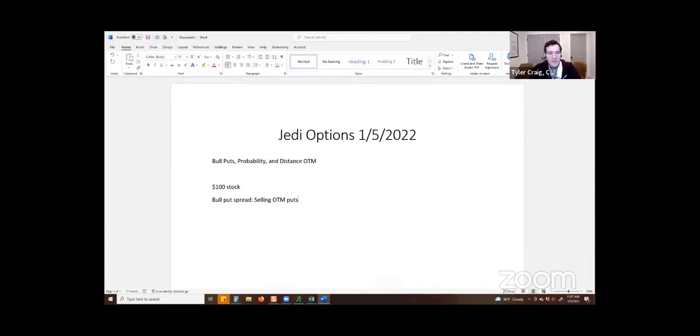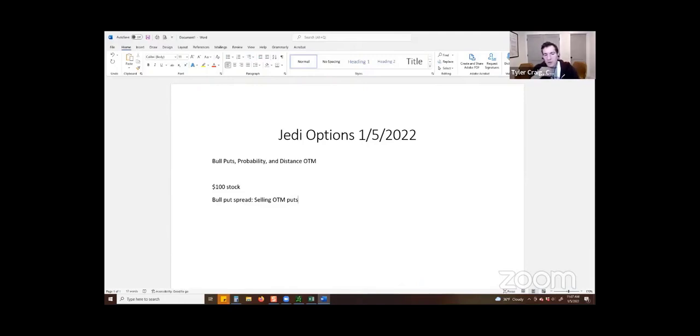So if the stock's at 100 and I build a bull put at 95 and you build a bull put at 85, the odds of the stock going below 85 are less than the odds of the stock going below 95. So the 85 bull put has a better probability than the 95.